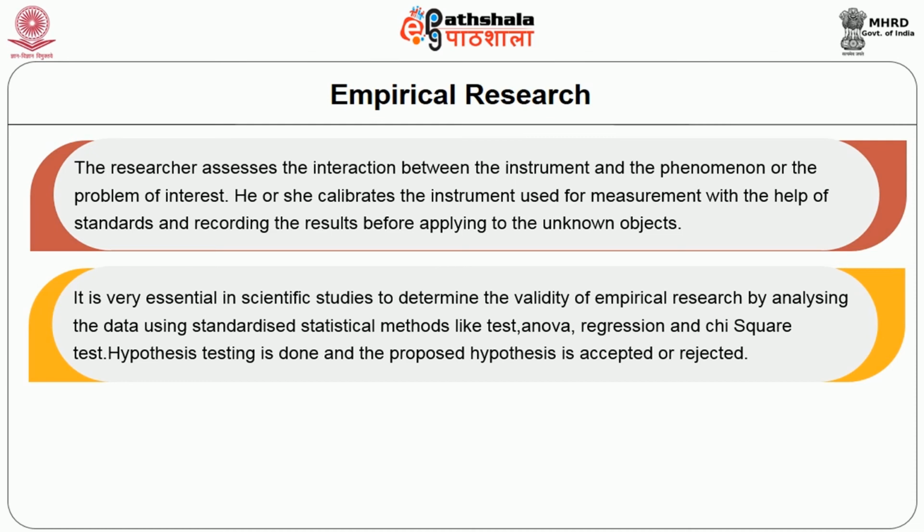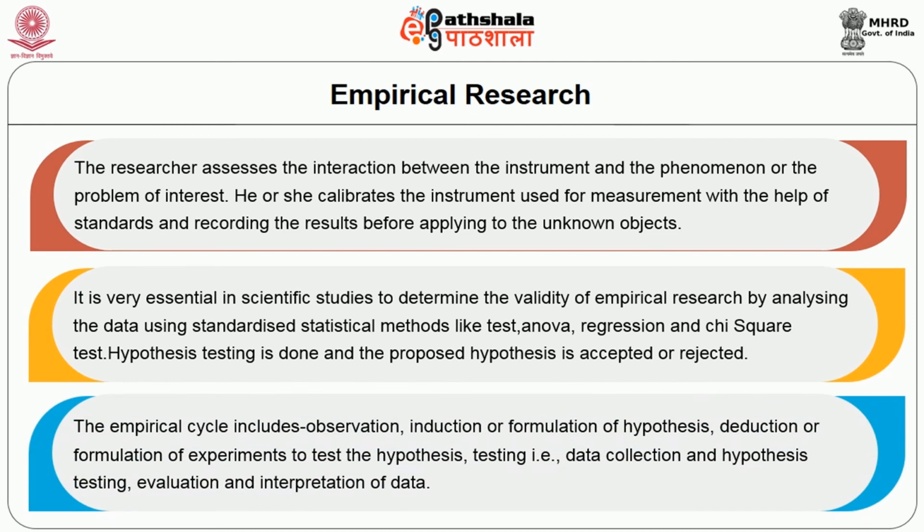Hypothesis testing is done and the proposed hypothesis is accepted or rejected. The empirical cycle includes observation, induction or formulation of hypothesis, deduction or formulation of experiments to test the hypothesis, testing, that is data collection and hypothesis testing, evaluation and interpretation of data.